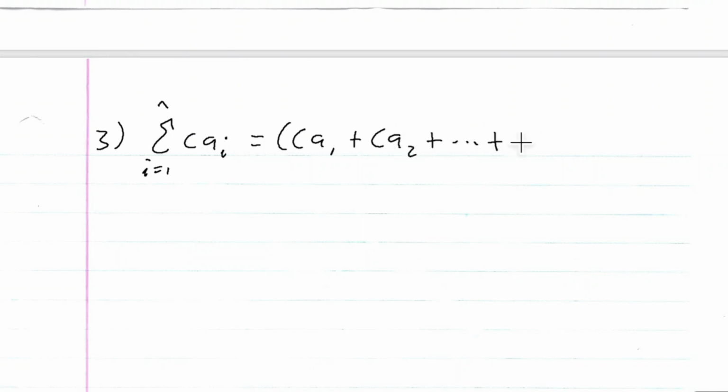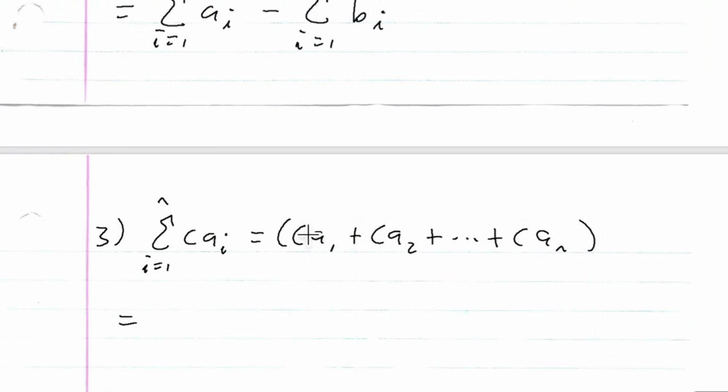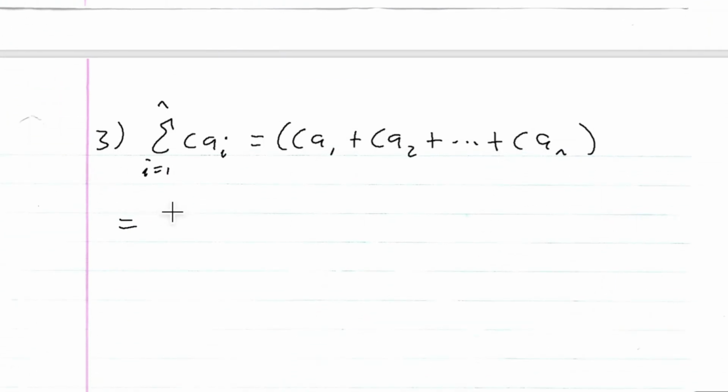So number 3, the sum from 1 to n of c times a sub i. Using the definition of sum, this is the same thing as c times a sub 1 plus c times a sub 2 plus dot dot dot plus c times a sub n. And just like with the negative in the other one, since all these terms share a constant c, I can factor out that c.